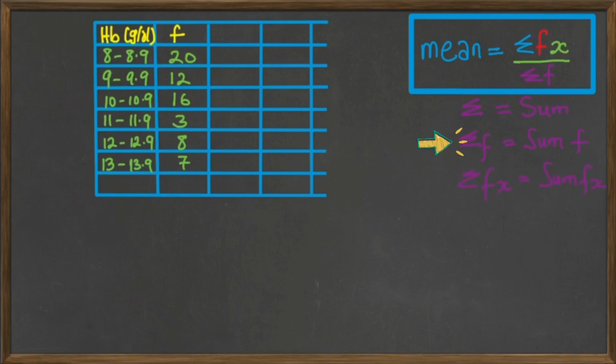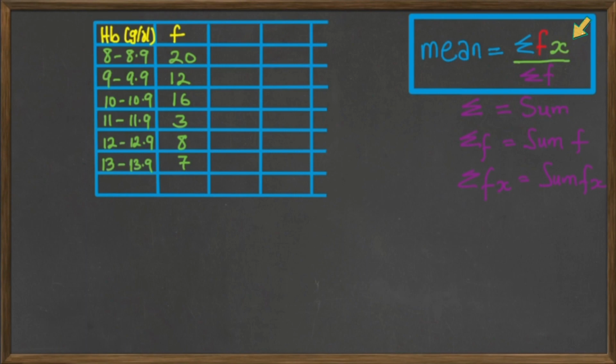Then summation of f times x means we multiply f times x and sum all the individual values together. But what is this x? This x is the midpoint of the classes.